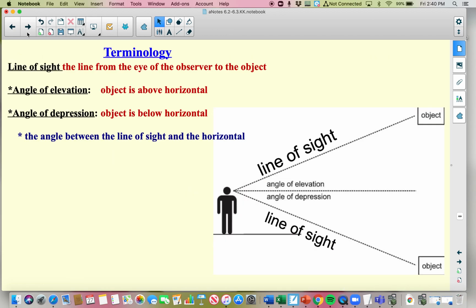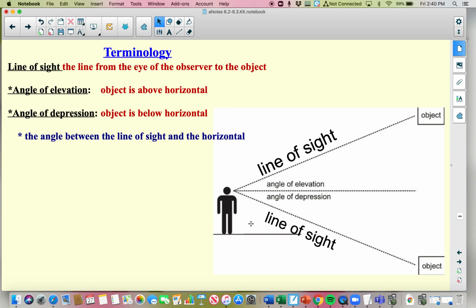All right, on to a couple application questions. Before I get into those questions, I just want to make sure that when you see this verbiage, angle of elevation or angle of depression, here's a visual of what they are. Both of those, angles of elevation or depression, revolve around the horizontal.